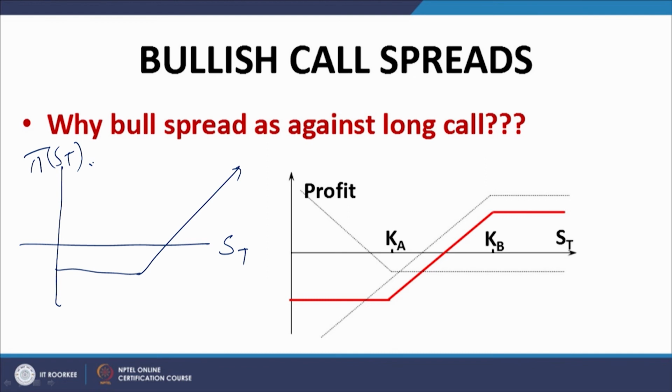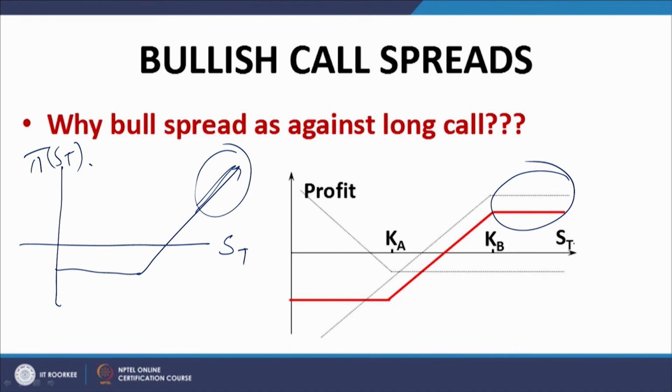You see, if you compare these two diagrams, this part is missing in this particular one. In other words, the sloped line is replaced by a horizontal line. If we go for a bullish spread, we are losing out on potential profit if the stock at maturity finishes greater than KB.